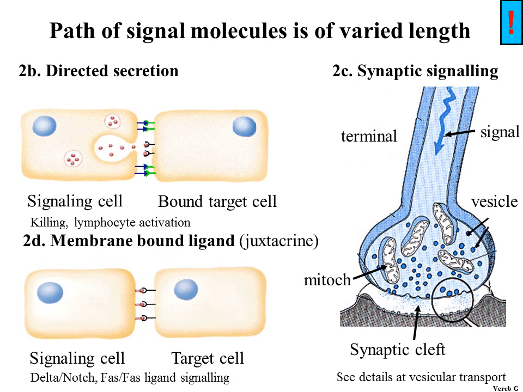Let us now consider the other subtypes of paracrine signaling. The first one that you see here on the 2B is directed secretion. The major difference is that you have some molecules in the membrane of both the signaling cell and the target cell which bind to each other, so they keep the two cells together for the duration of signaling, which means that the secreted message mostly reaches the target cell and only a little bit is leaked to the neighborhood.